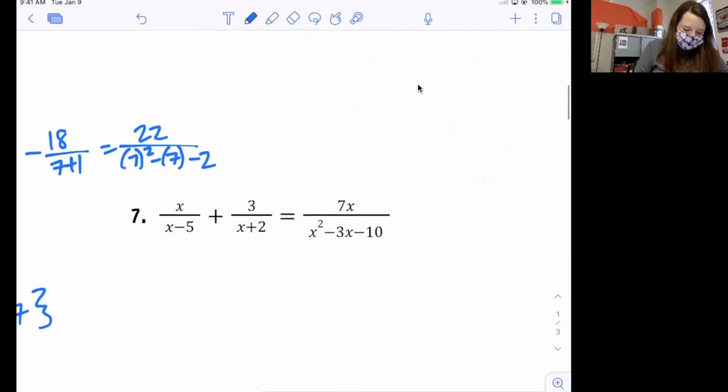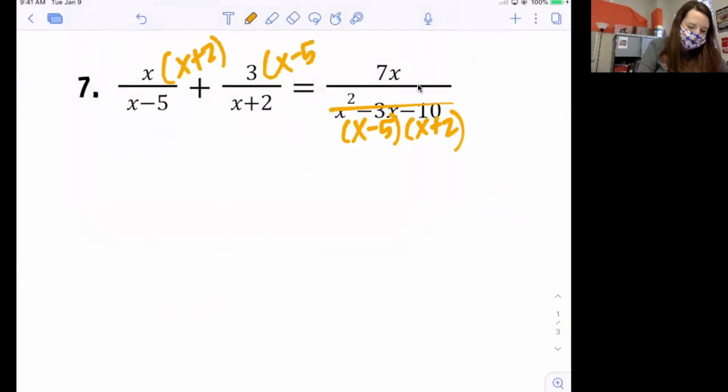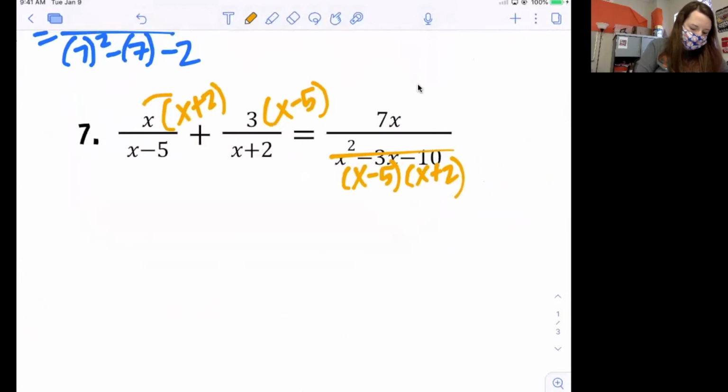All right, let's do one last example, number 7. I'm going to go ahead and factor this denominator, x minus 5, x plus 2. So that means that this one needs an x plus 2, this one needs an x minus 5. So when I distribute, I get x squared plus 2x.